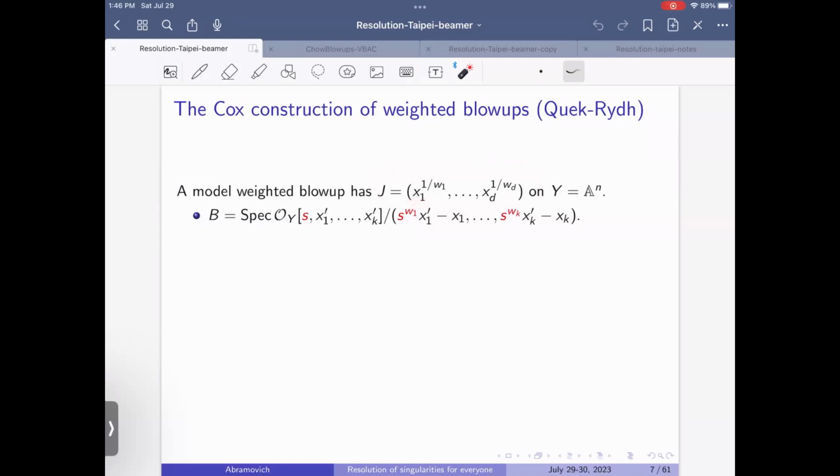Since x_1 has weight w_1, x_1 to the power 1 over w_1 has weight 1. The weight of this is 1. So the weight of everything I write here is 1.